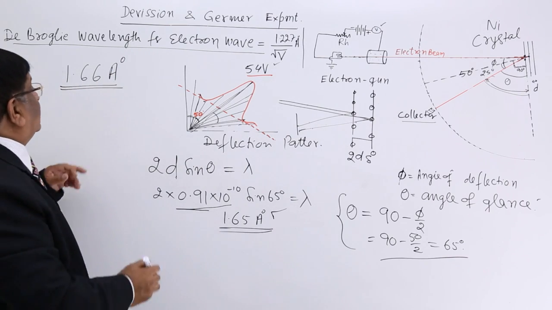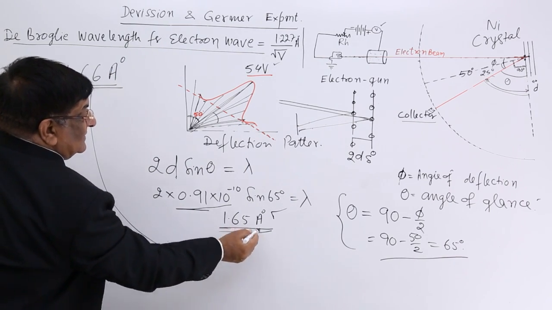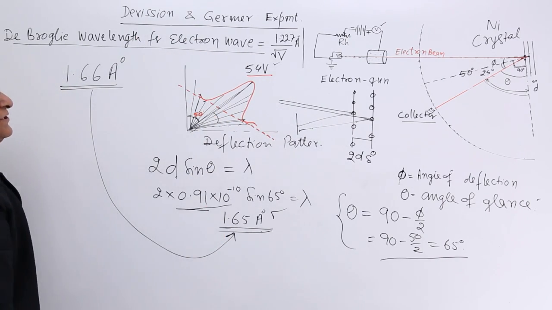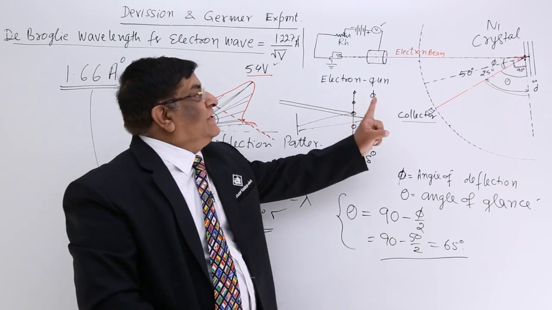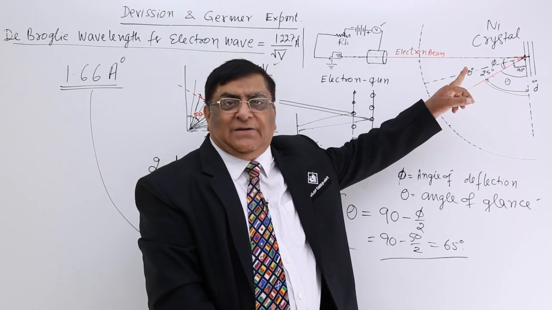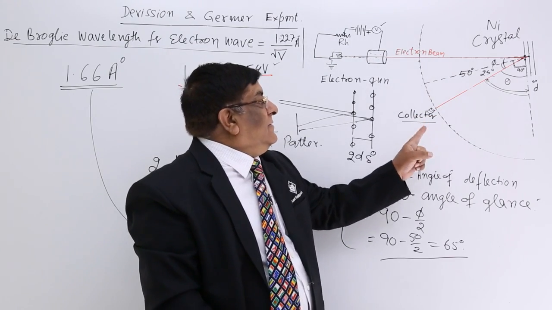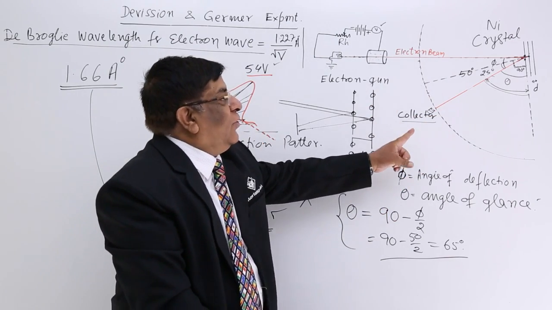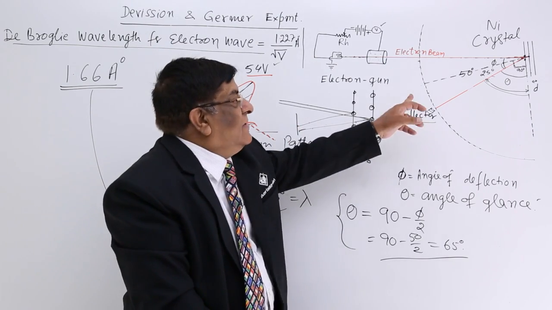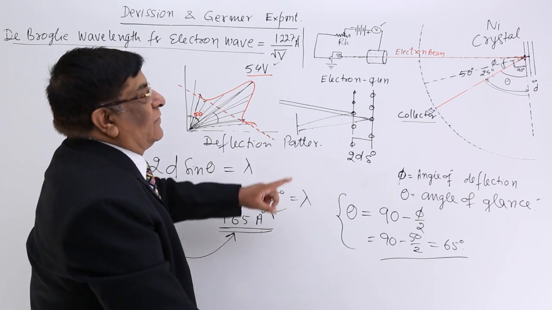And this result very much matches the practical result received from this experiment of Davisson and Germer. So, Davisson and Germer did a diffraction pattern experiment, and they found that the wavelength of the electron which is moving in the form of a wave should be 1.65 angstrom.